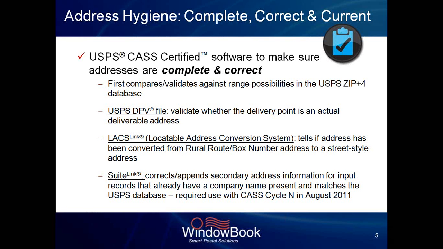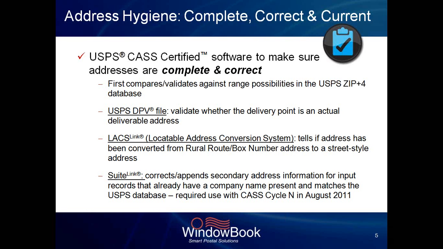And what I mean by a range of possibilities is, say that your input address is 789 Elm Street, within Rockville, Maryland, and the zip is 20766, or 20850, if we want to be completely accurate.